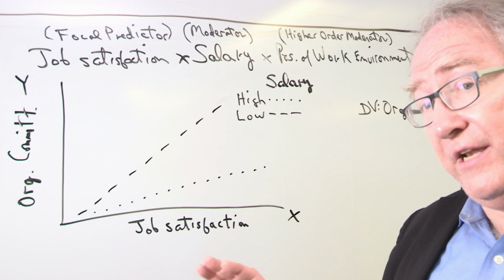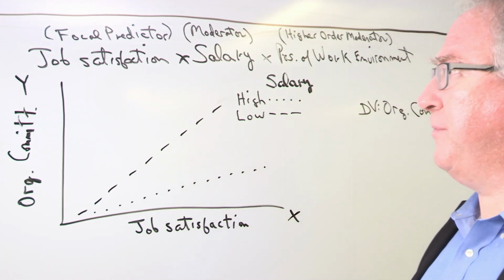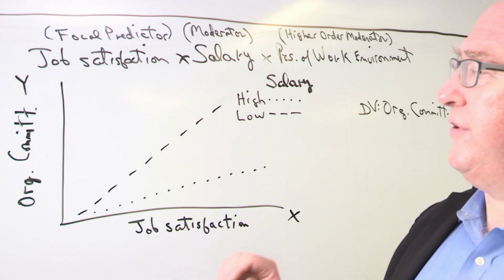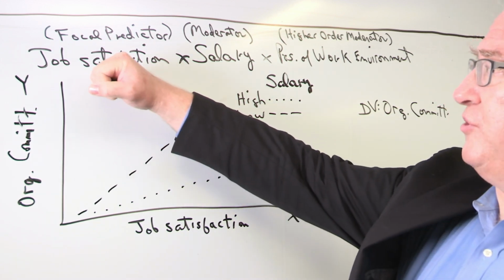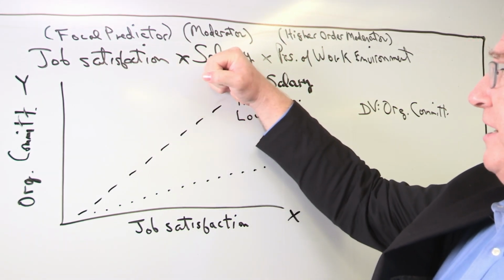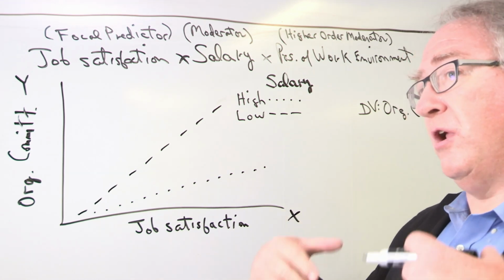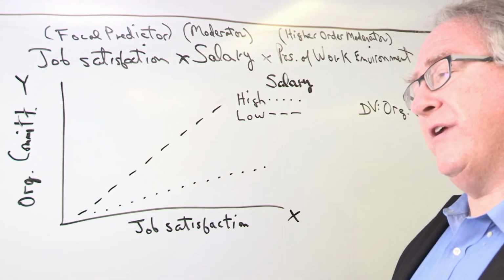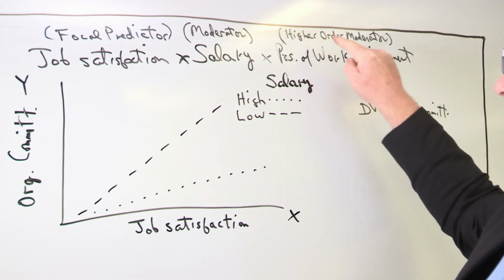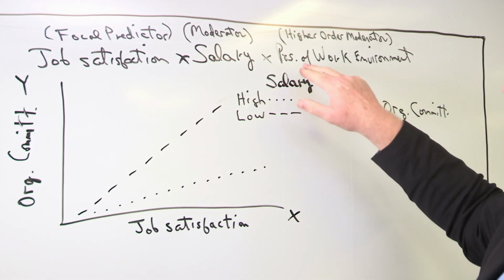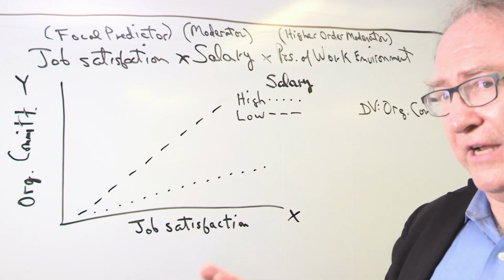So what we're asking, and it's a good way to think about this as we get into the three-way interaction and how to interpret it, is whether how the two-way interaction of job satisfaction by employee salary looks depends on the level of the higher order moderator, in this case, positiveness of work environment. So that's what we're asking here.